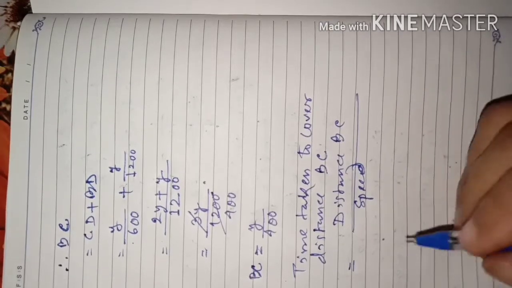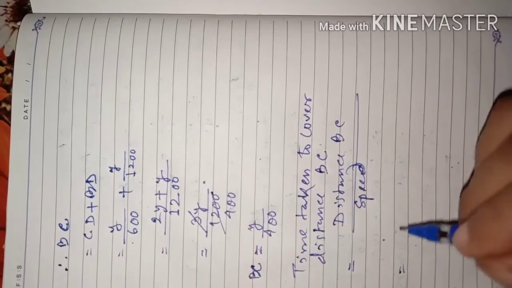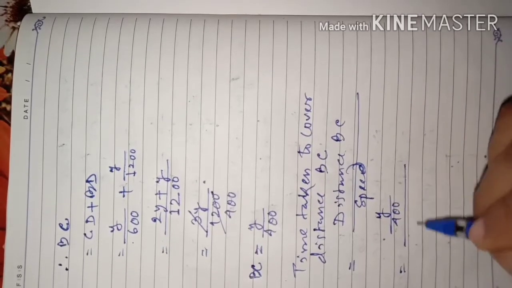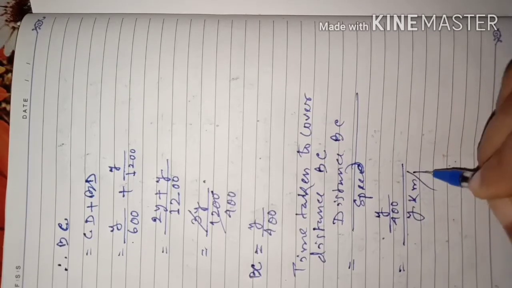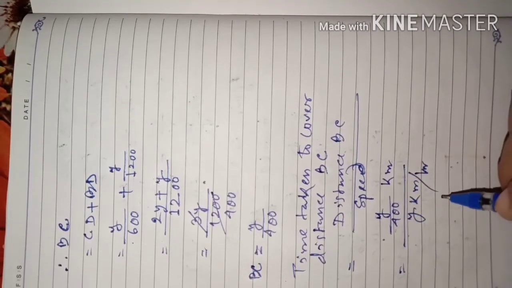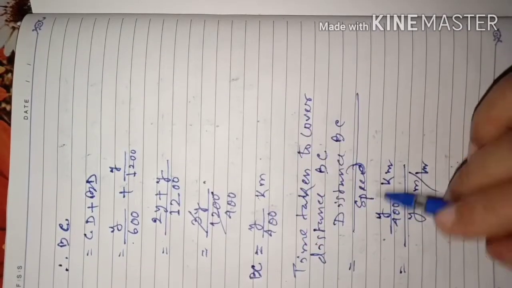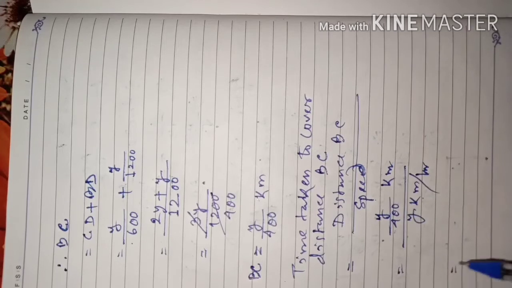What is the speed I wrote? So distance BC, how much you got? Y by 400, right here. Y by 400 divided by speed of the car, which is y kilometer per hour. And this is y by 400 kilometer because this is distance. Speed is kilometer per hour. Clear? So now it will be like this.